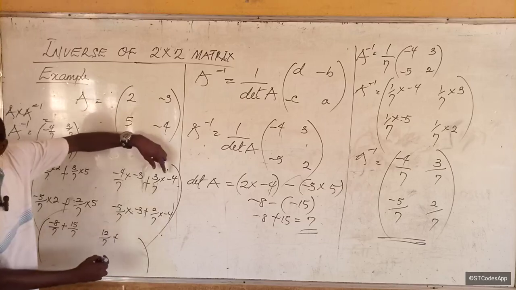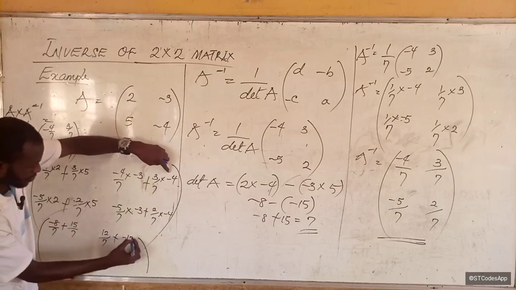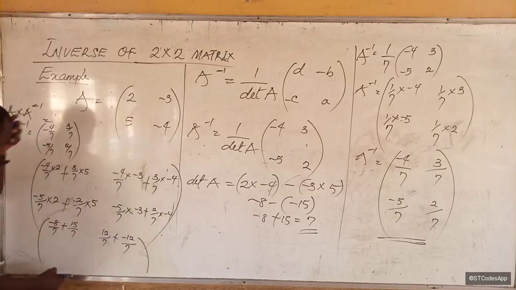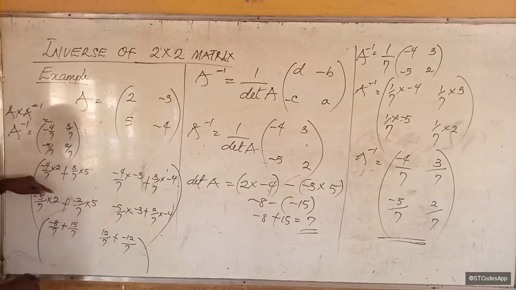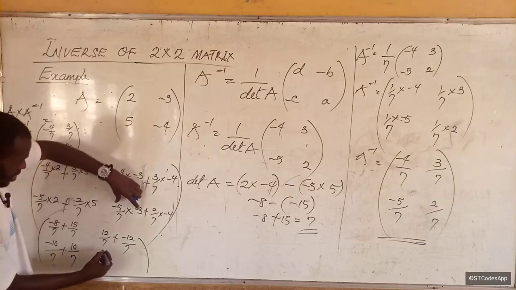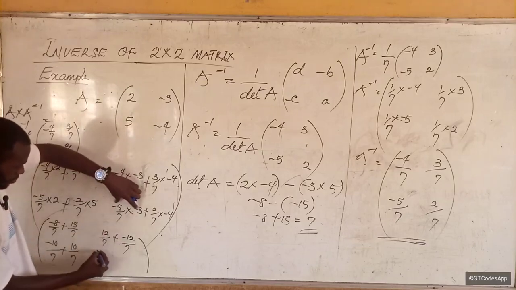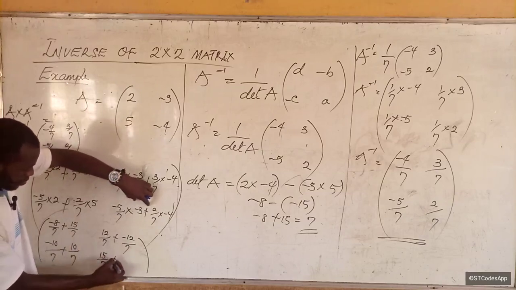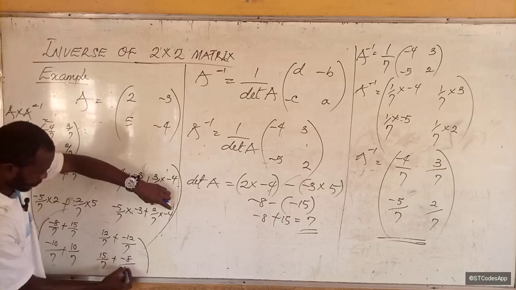Plus minus 12 over 7. And here 5 by 2 is 10, so that is minus 10 over 7 plus 10 over 7. And here, minus times minus is plus, that's 15 over 7 plus minus 8 over 7.